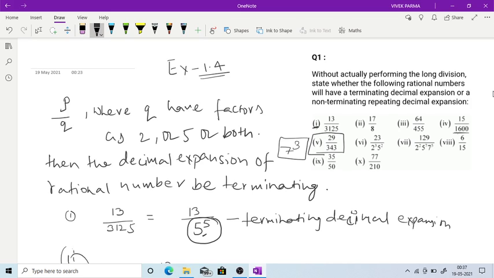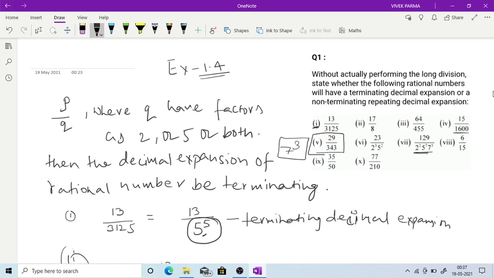See here, in this expression, the denominator part is 2 to the power 3 and 5 square, right? It means the decimal expansion of this expression will be terminating, right?